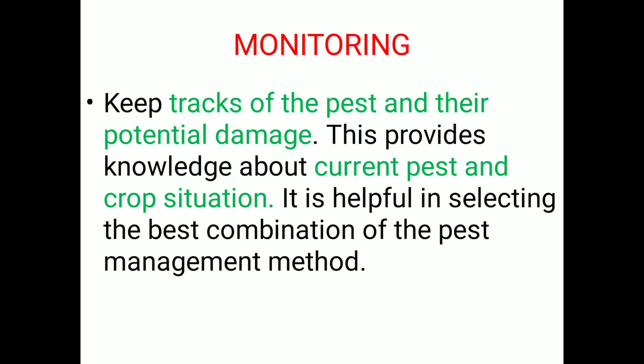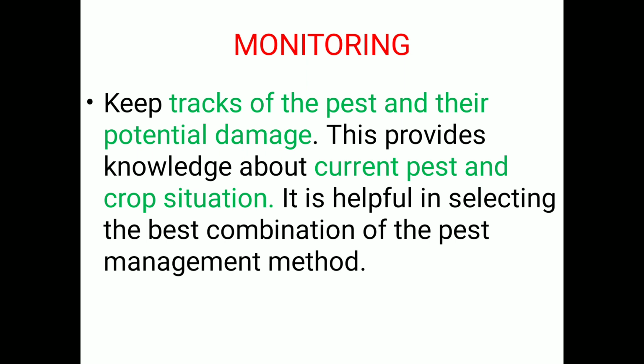Here, the first component or tool of IPM is monitoring. As we know, monitoring is nothing but keeping track of pests and their potential damage. That means we have to do continuous observation of the movement of pests, their presence or absence, and how they cause damage.